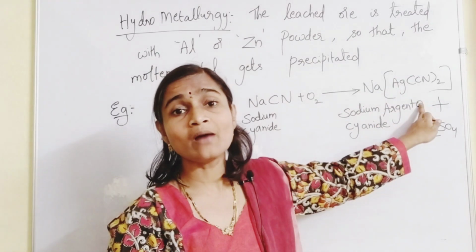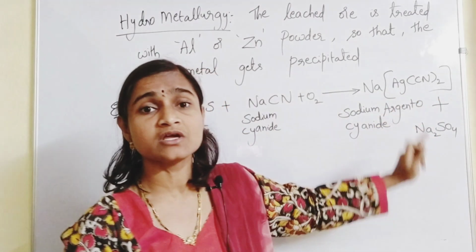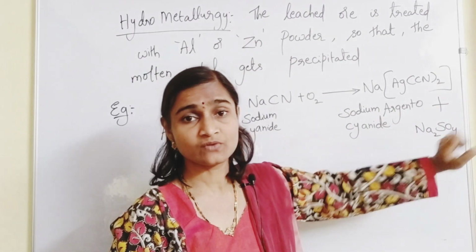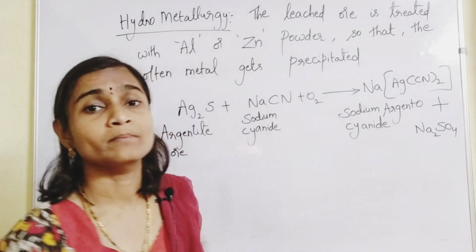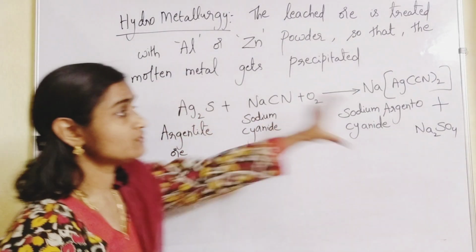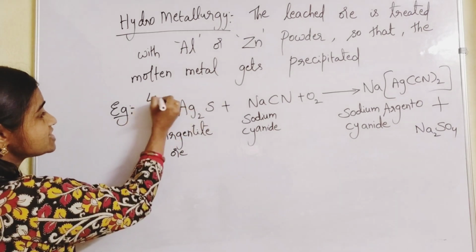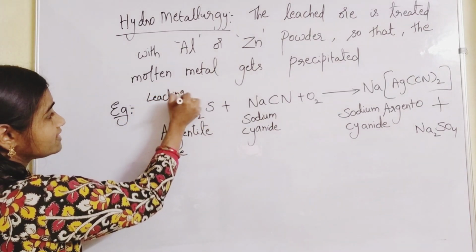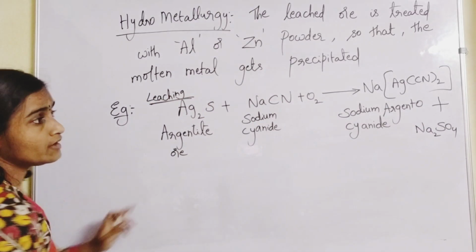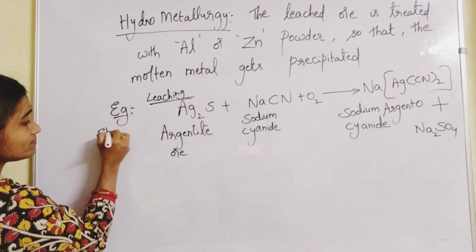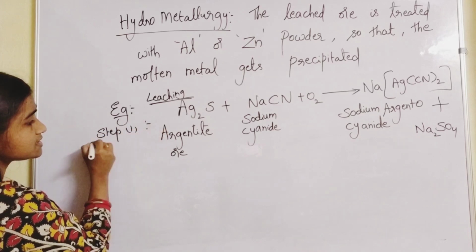Then you get a complex substance called sodium argentocyanide, and along with that, of course, Na2SO4 salt also will form. So this is what you call the leaching process. Method 1 is leaching. This is step 1.